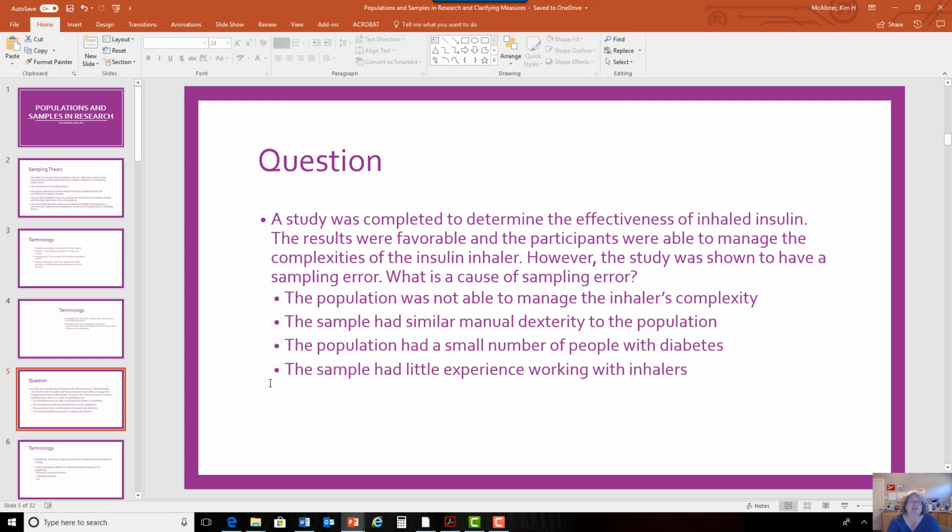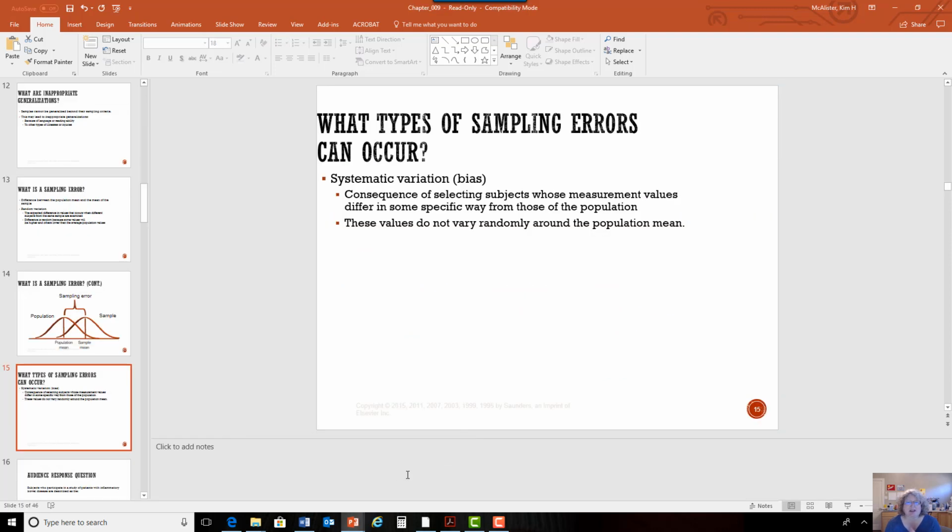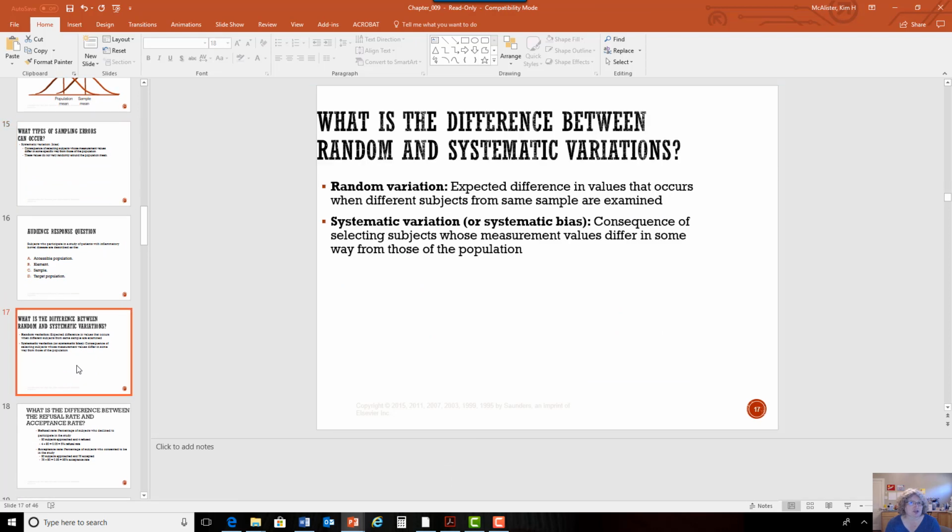And the sample also had little experience working with inhalers. So because of all of this, it ended up making the drug manufacturers think that this was something that was going to be easy for patients to use and would be effective. And it ended up being pulled from the market because it was not accepted by the patients. So this would be a consequence of random samples. So be sure that you know your population.